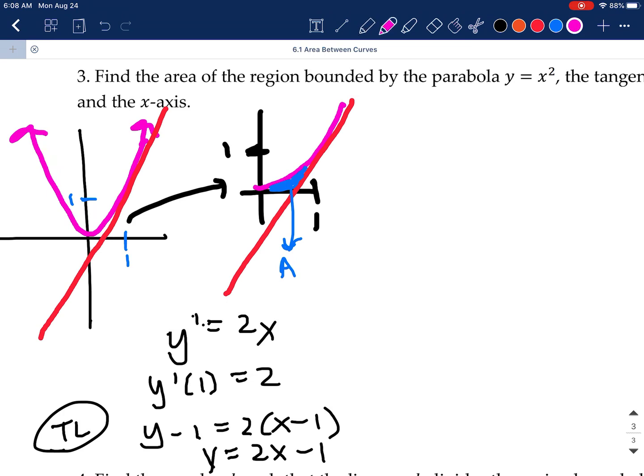But what you'll notice, right, is in that region, when y is 0, x is 1/2. Let me actually highlight that.